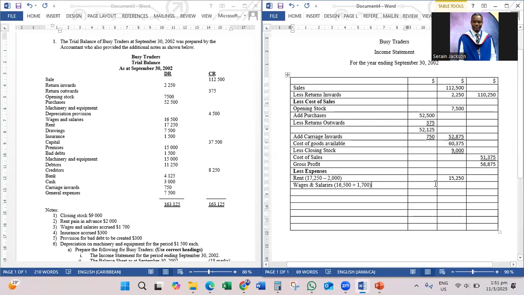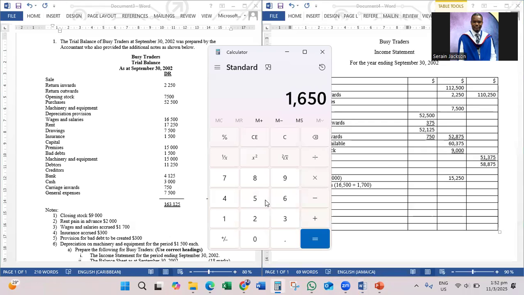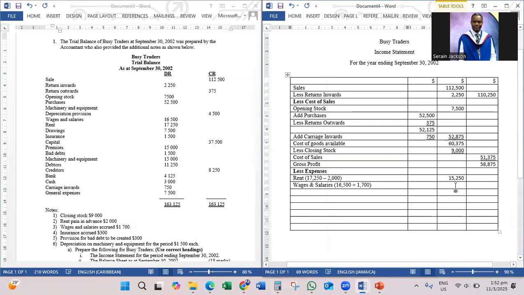Close bracket. You put the total there. 16,500 plus 1,700 would give you 18,200. And do you know why we add accrual? If you know why, put it in the comment section. And if you know why we subtract prepayment, put it in the comment section as well.